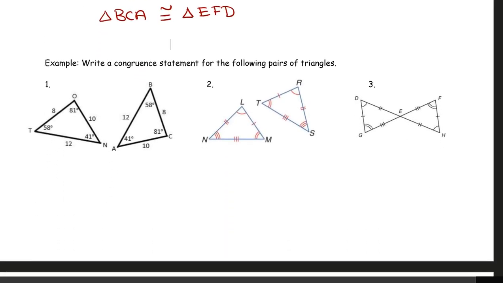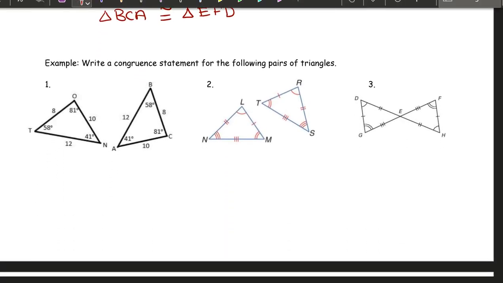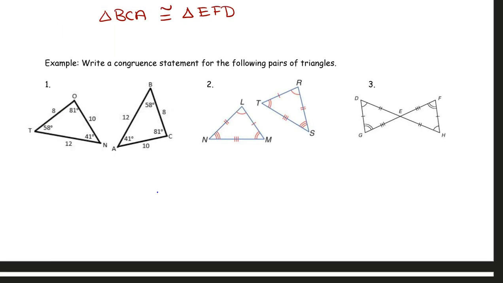So let's try some examples. If I'm looking at number 1, I can call this triangle whatever I want to. Let's call it triangle NOT. If I call this triangle NOT, then N comes first, and N is 41 degrees, so A has to come first.